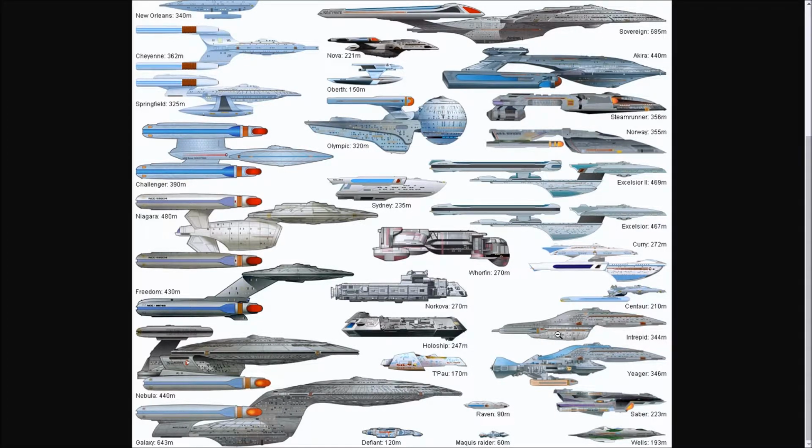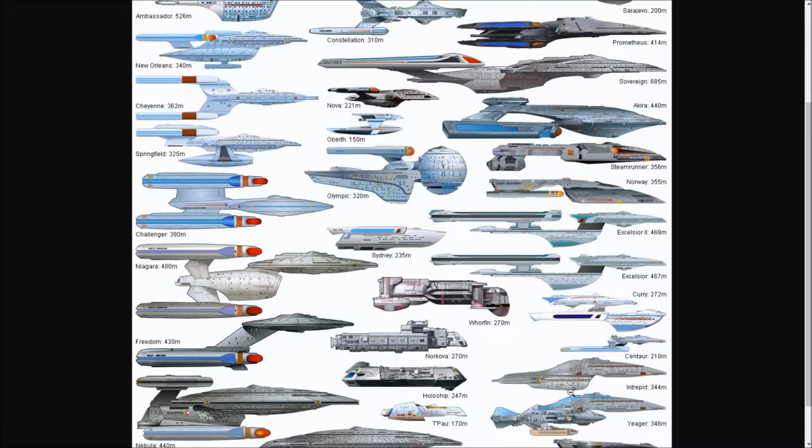But generally, the Sovereign class and the Intrepid class, we do see some design similarities, and that may just be a coincidence.